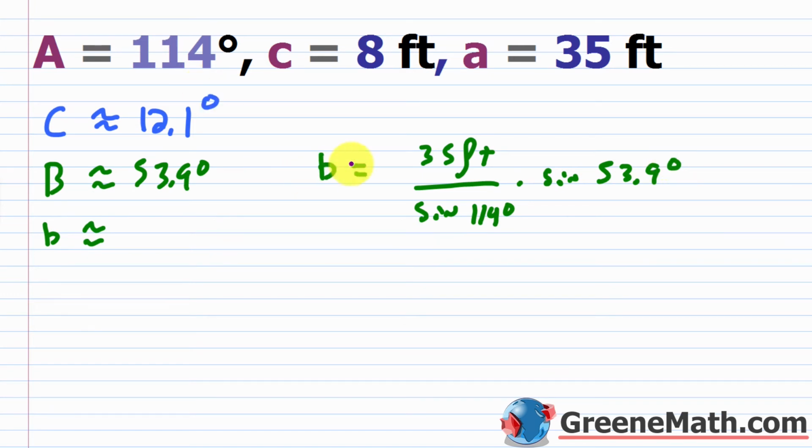Again, we would have had B over the sine of B, so I just multiplied both sides by the sine of B. So that's how I got that set up. So basically what I'm going to have here is about 31 feet.